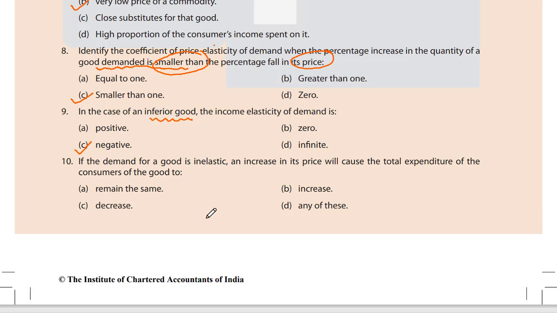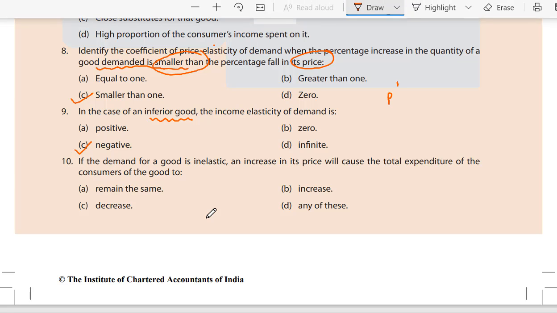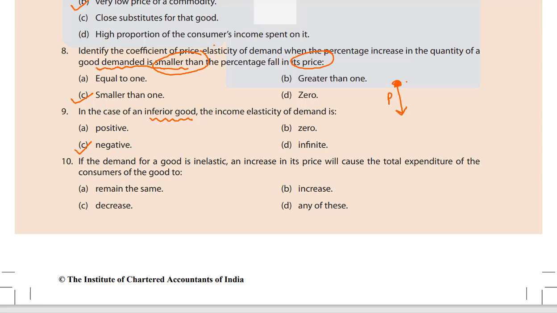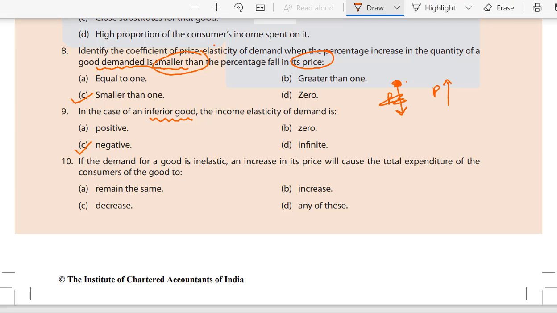I'll quote an example and will make you understand this. Let us take an example like this. The price of the product is increasing for an inferior good. In that case, what will happen?